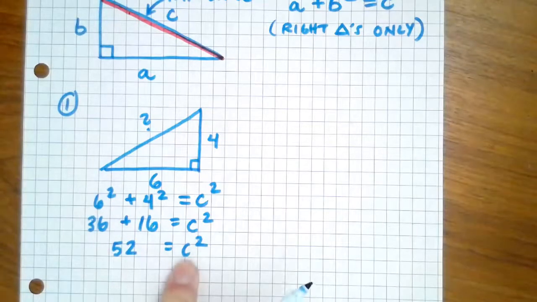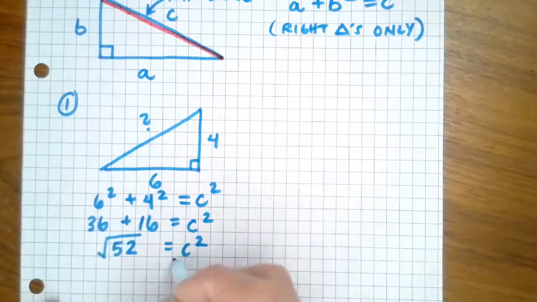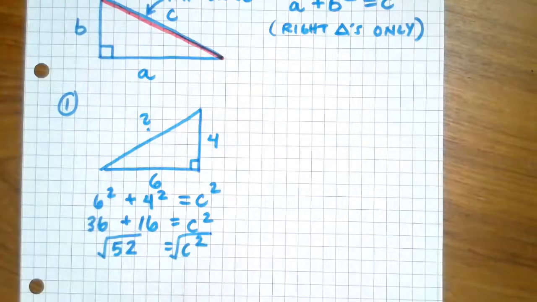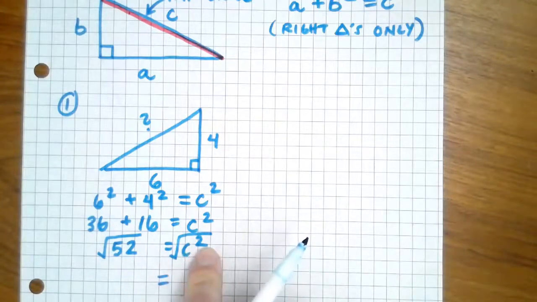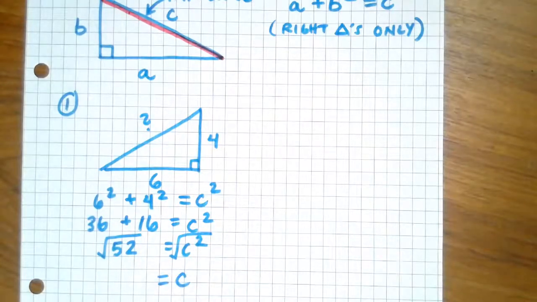I want to get c all by itself, and right now it's being squared. So to undo the squaring of c, I'm going to take the square root of both of these sides. Now the square root of c squared is going to undo the squaring, so I'm just left with c is equal to the square root of 52.